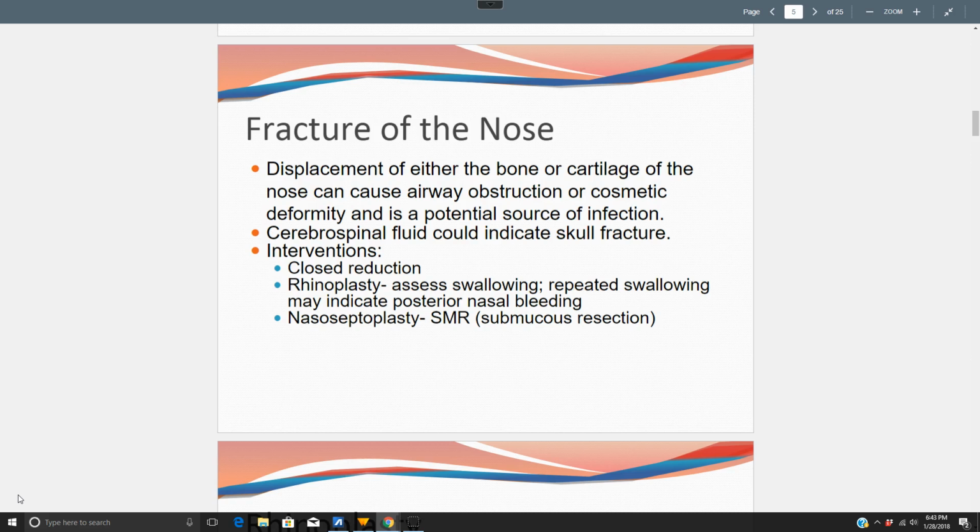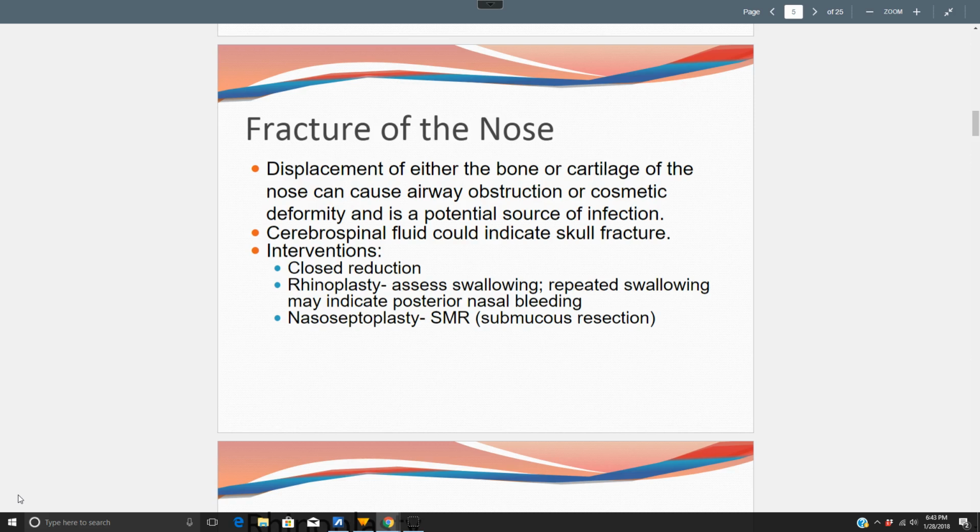And usually it's done in the first 24 hours after injury, because the concern is edema and the formation of scar tissue. That's what we mean by a closed reduction of that fracture of the nose.